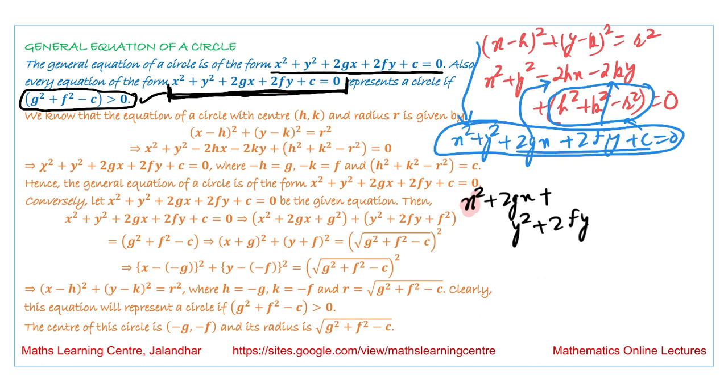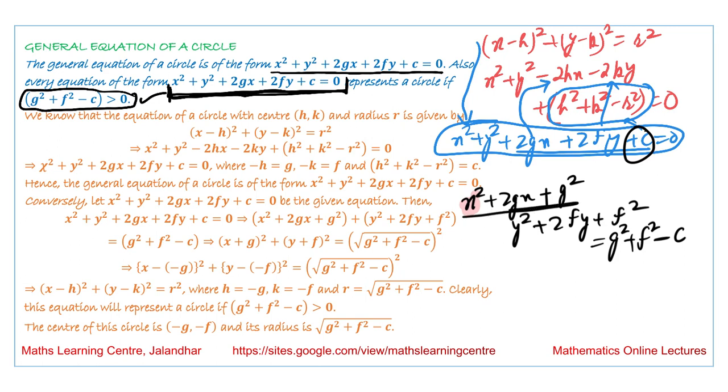To complete the whole square we add g² to the first term and f² to the second, and to adjust these we add these values on the right hand side also, and what we are left with is the term c, so we write minus c.